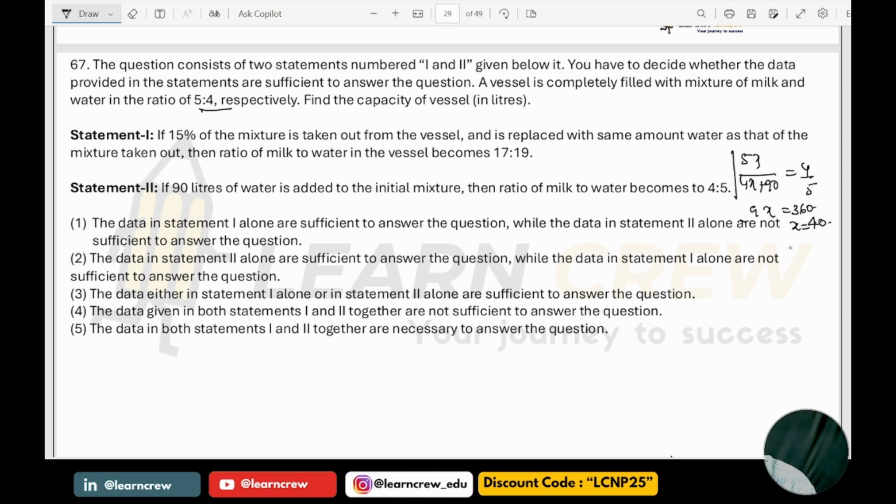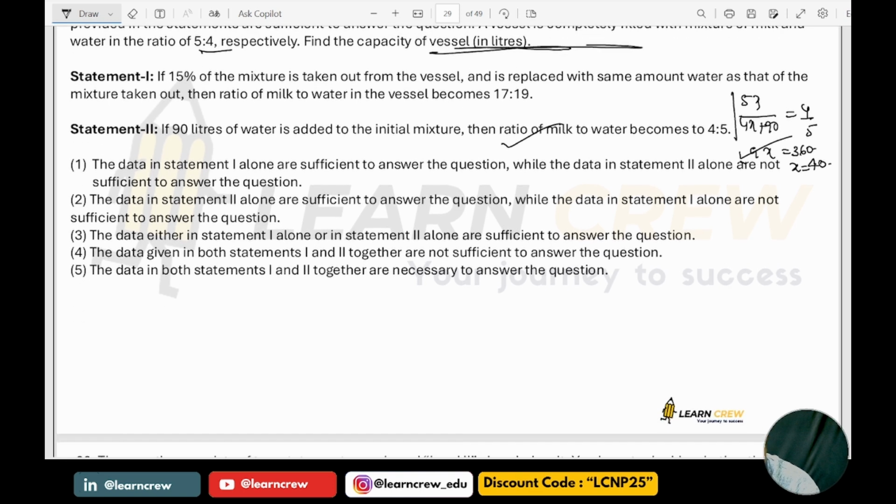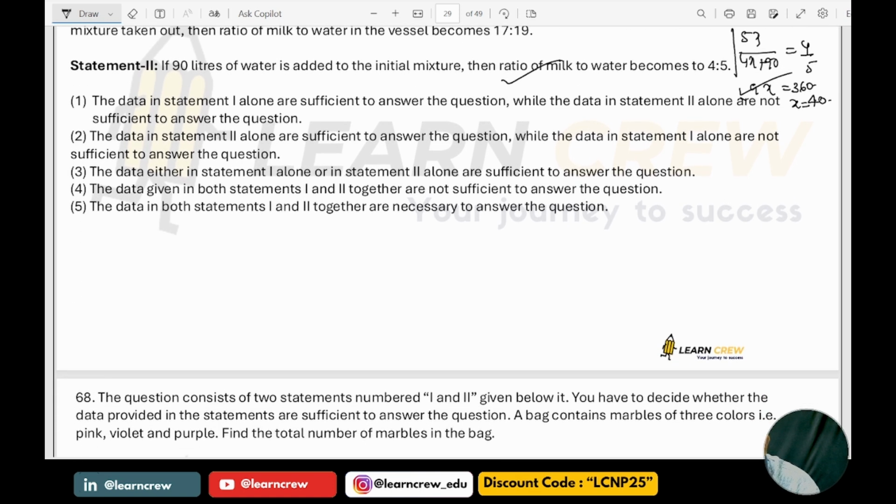The capacity would be 9x, which is 360. Therefore, to find the capacity of the vessel, only 2 is sufficient. 1 is not useful. So the answer is only 2.